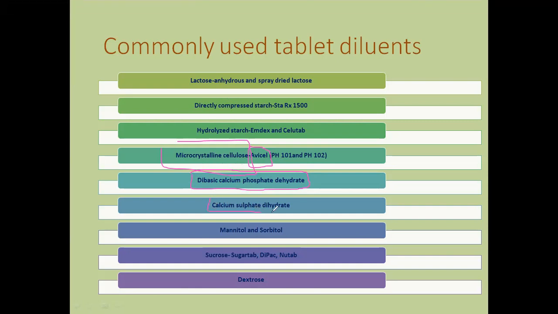Then we have calcium sulfate dihydrate. Then the sugars such as mannitol and sorbitol. Then from the sugar category, mainly the sucrose category, we have Sugartab, then Dipac or Nutab, and we can use dextrose also as a diluent.